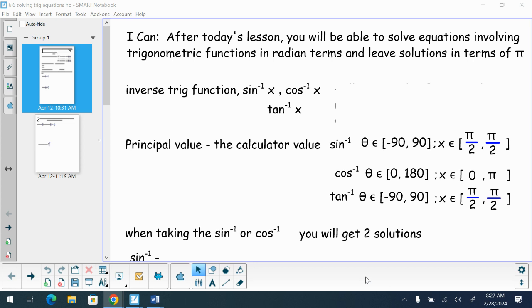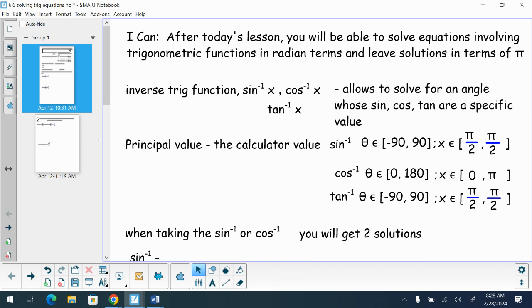Okay, this is one thing that we did not really do much of as we went through the sections of angle addition, double angles, half angles. We didn't do much solving equations. We will do that now. When we deal with the inverse trig functions, inverse sine, inverse cosine, inverse tangent, it allows us to solve for an angle whose sine, cosine, and tangent are specific values.